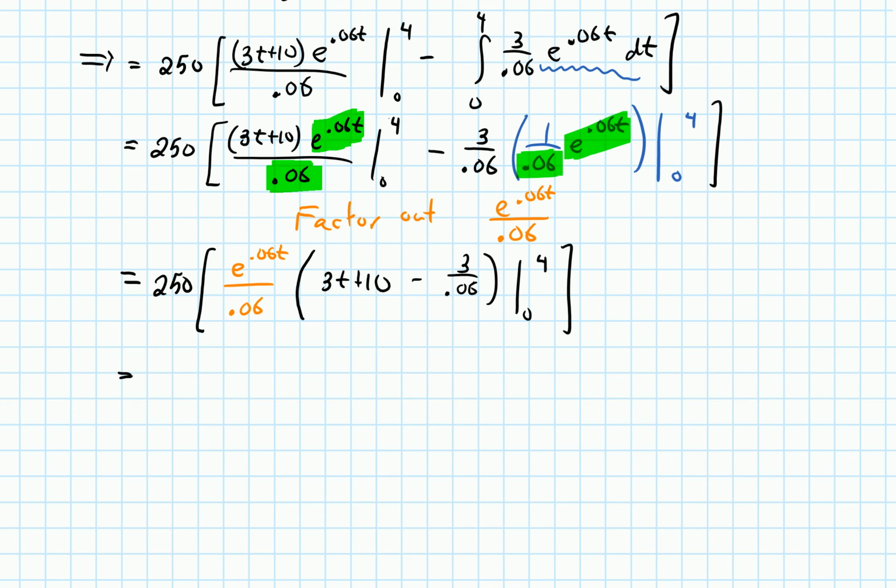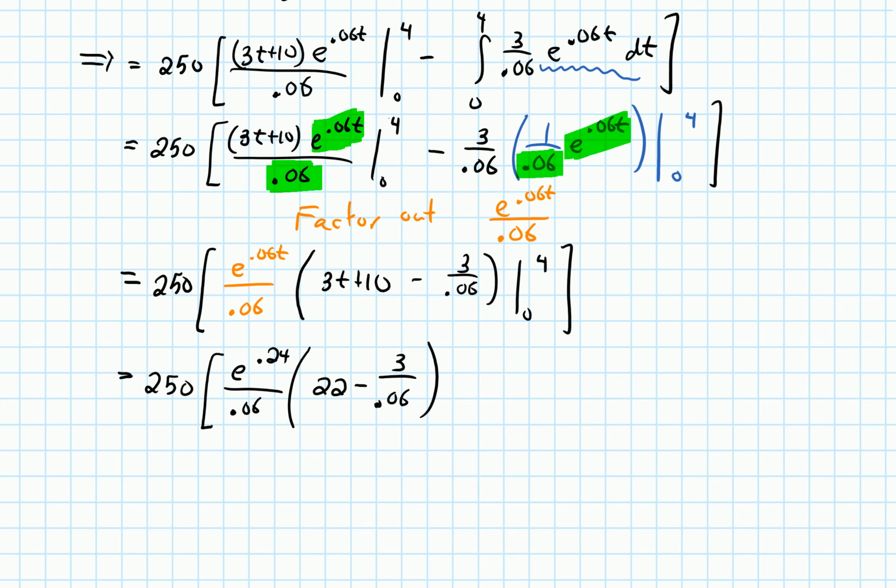So let's plug in, and we'll get 250 still in front. And now times, when I plug in 4, we'll get e to the 0.06 times 4, which is 0.24, divided by 0.06. And in the parentheses, 3 times 4 is 12, plus 10 would be 22. So I'll get 22 minus 3 over 0.06.